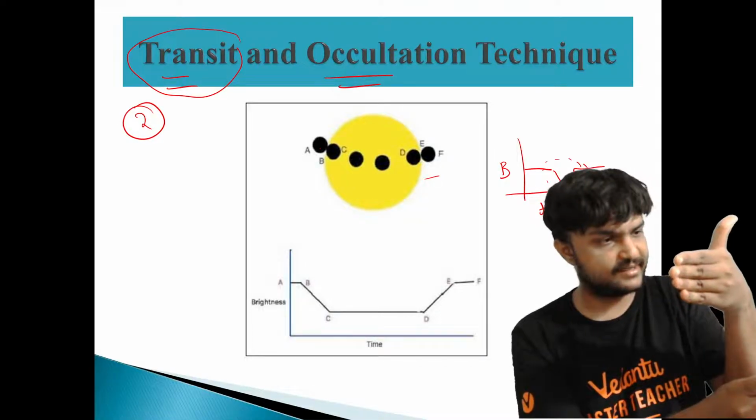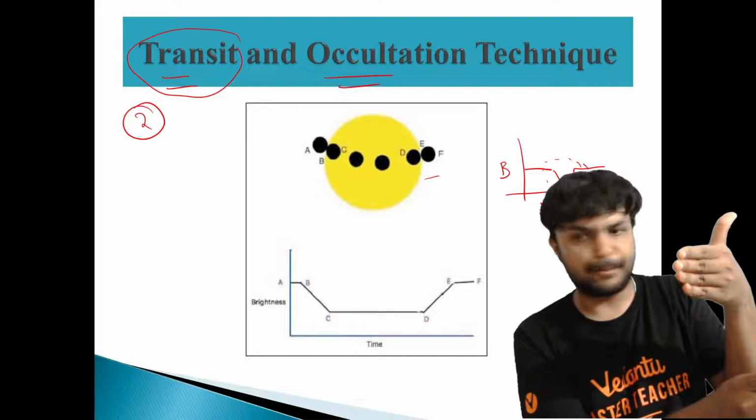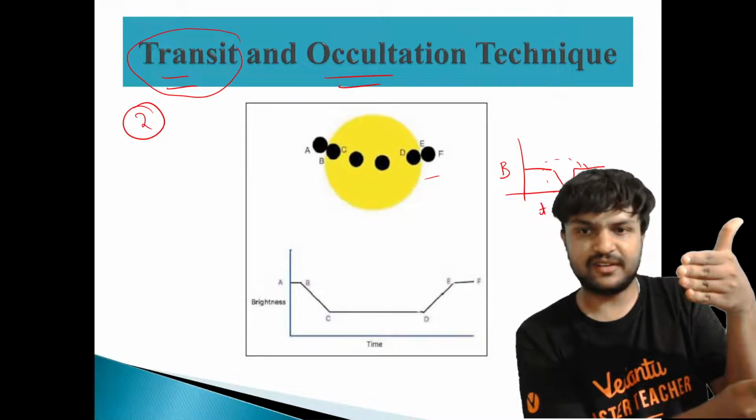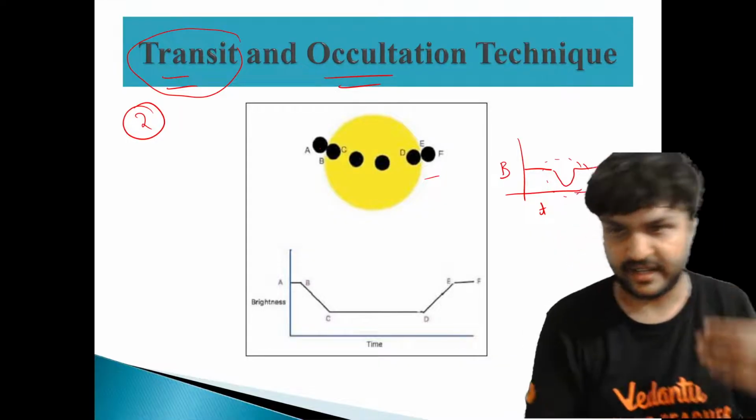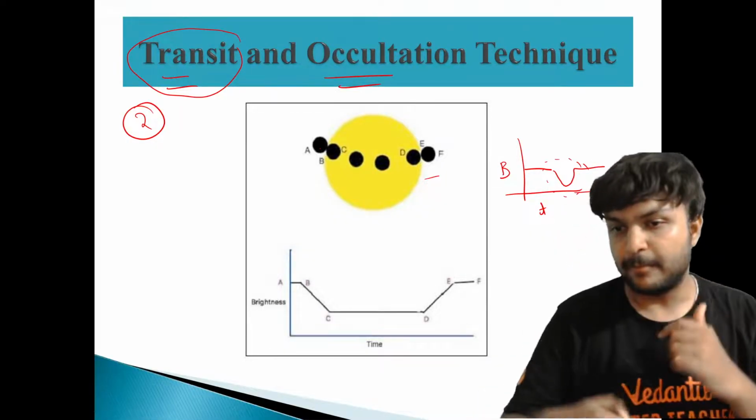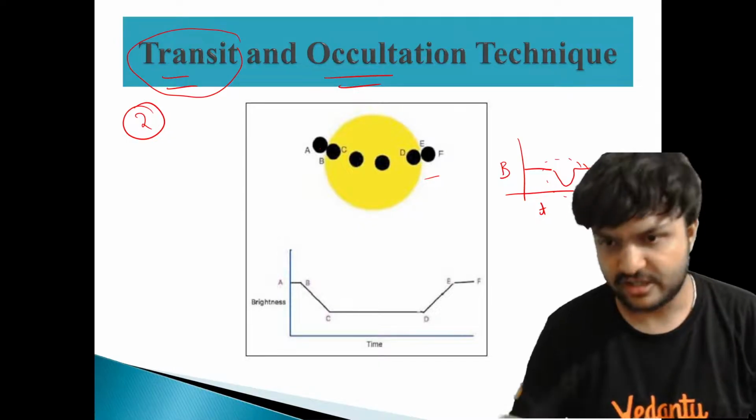So my eyes are here, my hand is the star, the pen is the planet. This particular alignment we call the occultation technique, when the planet is behind the star.